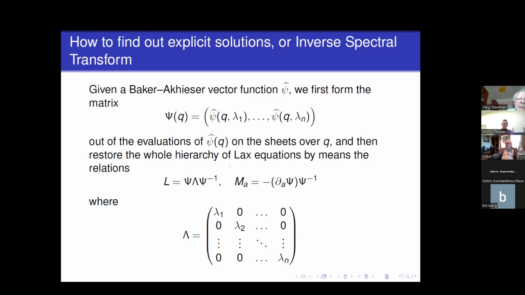It's a function on the spectral curve, so a function of a point Q on the base Riemann surface and eigenvalues lambda, such that the points Q lambda 1, and so on, Q lambda n are located over the point Q, are pre-images of the point Q in the covering, which is the spectral curve over the base curve, with pre-images lambda 1 and so on lambda n over the point Q. Good.